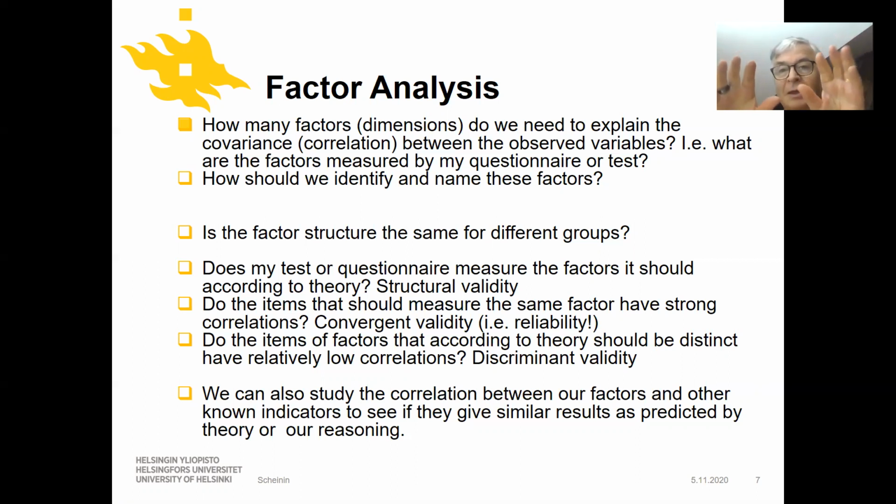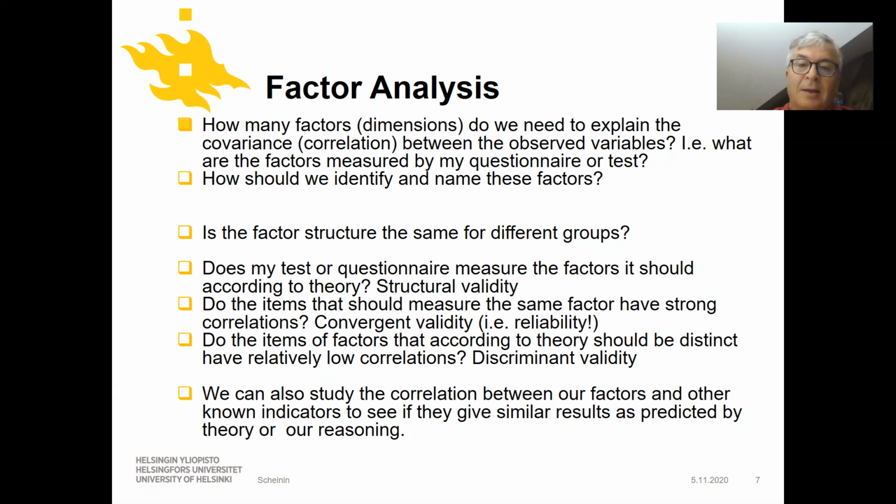You can have many things or you can have just one thing. And then it is interesting to see if the structure, the correlations, provided support for the structure that you have thought there would be. So you can test that.